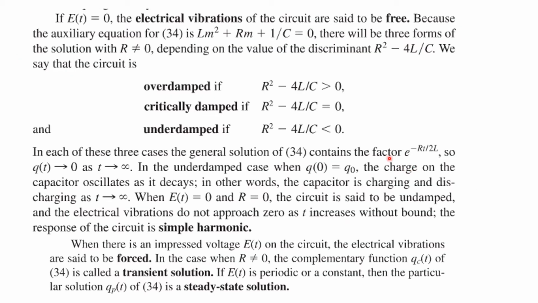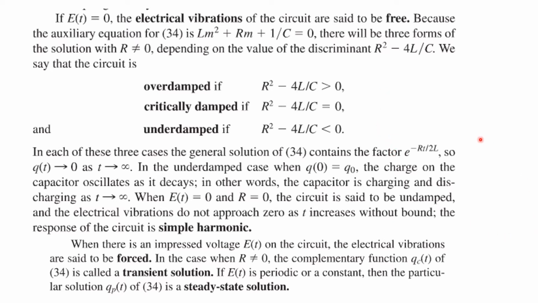We talk about electrical vibrations, and if the right side is equal to 0, the circuit is said to be free. There's an auxiliary equation that's a quadratic, and there will be three forms of this depending on what the discriminant is. It can be overdamped, critically damped, or underdamped.